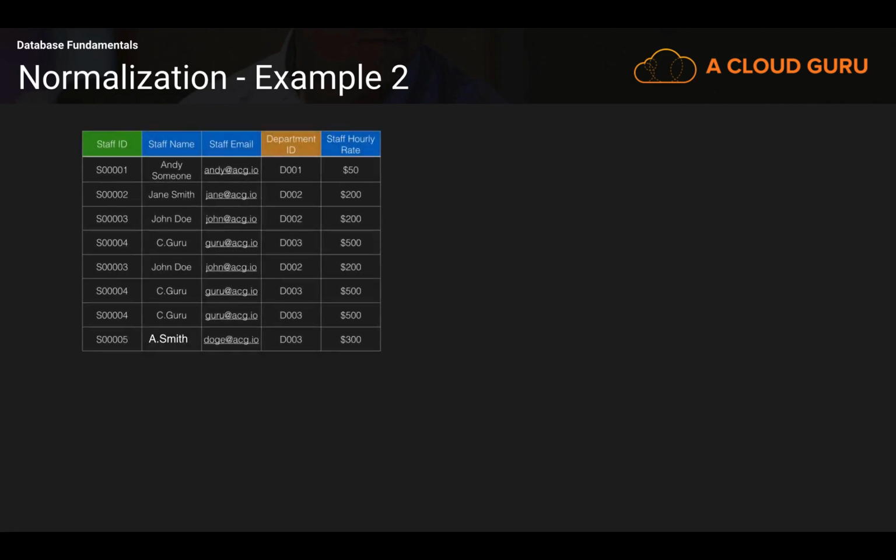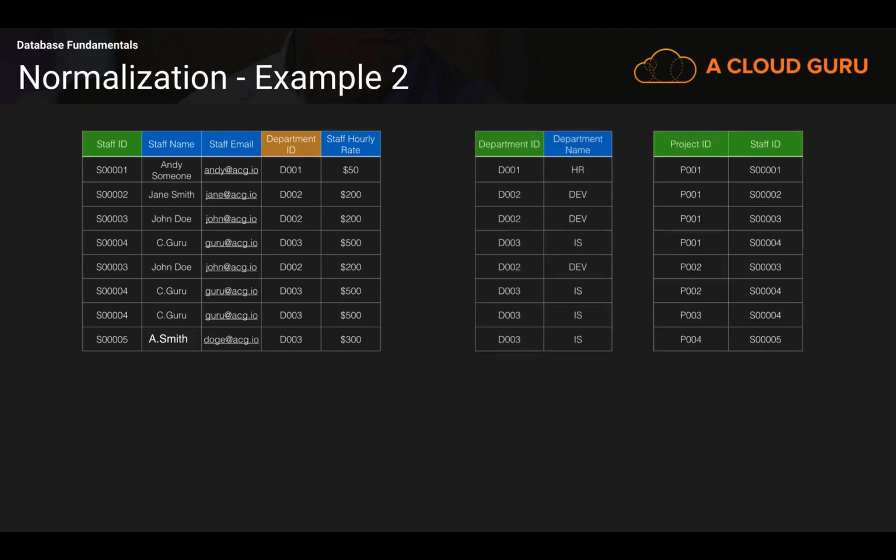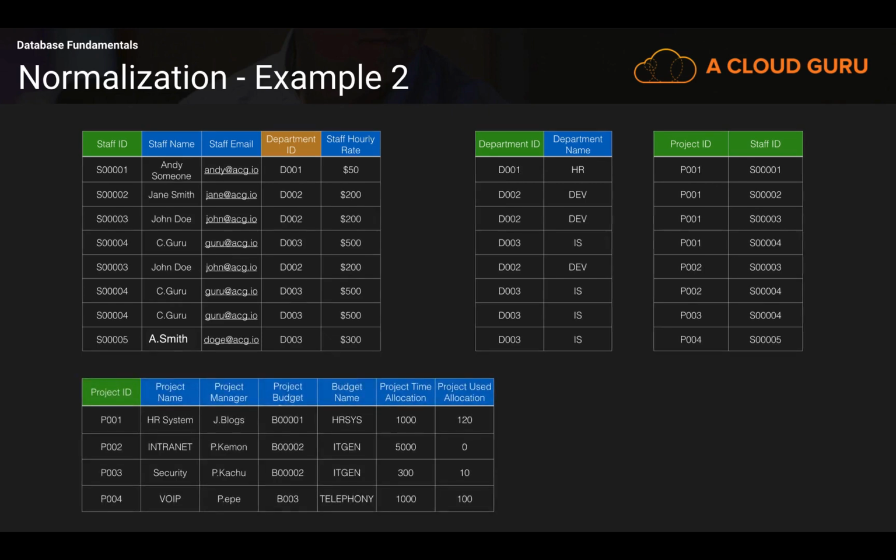And that gives us the following: our staff table, storing all specific staff information, with a foreign key which aligns with our new departments table. We have our allocations table, which provides a direct link between the staff table and the projects table. We've split up our original unstructured table, which repeats and has unclear dependencies, and via the process of normalization, we've ended up using 4 tables with structured data in a highly efficient manner.